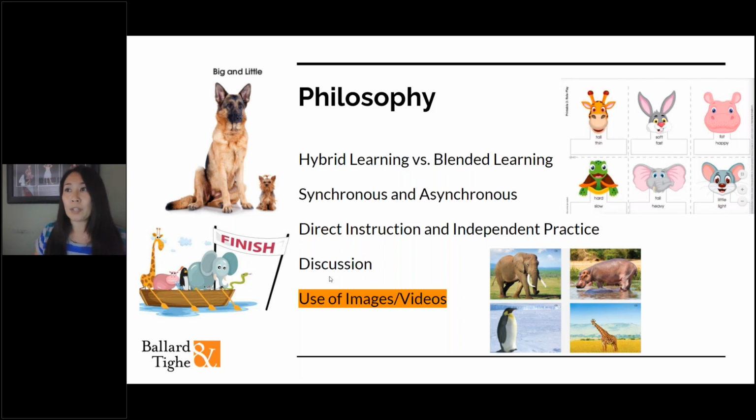Videos are really important too. I want you to also be clear that if the student doesn't understand the whole video, it's okay. A video has so much imagery that students can guess at what you are talking about or what is going on in the video, and that's enough for them. So the language is important, but imagery and the use of videos is really going to help you.